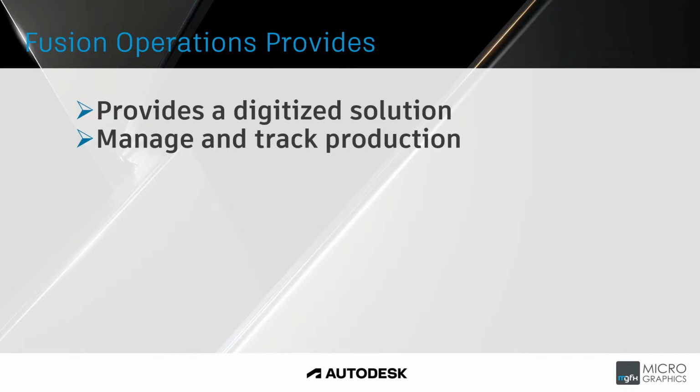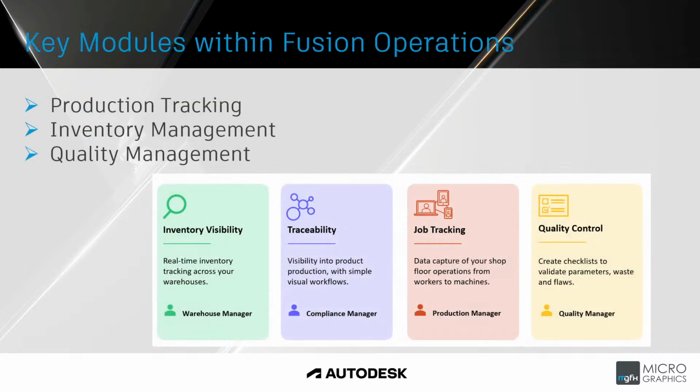Fusion operation provides capabilities to manage and track production, including purchasing, inventory management, material planning requirements, scheduling, progress tracking, and quality traceability. Now, that would be the key modules within Fusion operations.